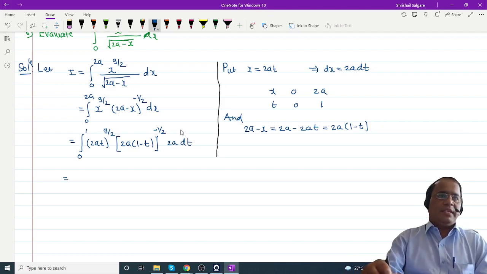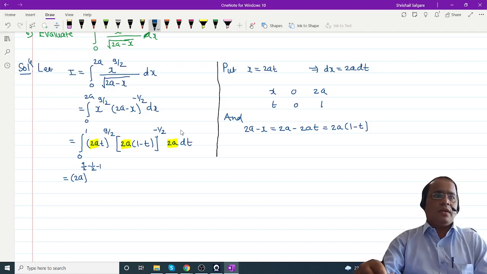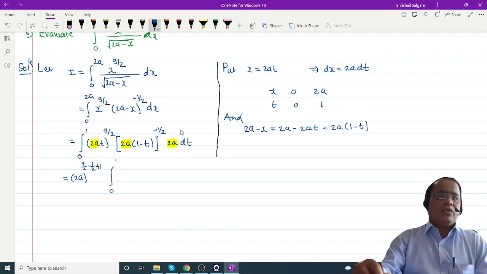Now from this integral, I will take the 2a terms, multiplied with the effective powers, outside. So this can be taken as 2a raised to 9 by 2 minus 1 by 2 plus 1. The remaining integral is 0 to 1 of t raised to 9 by 2 into 1 minus t raised to minus 1 by 2 dt.